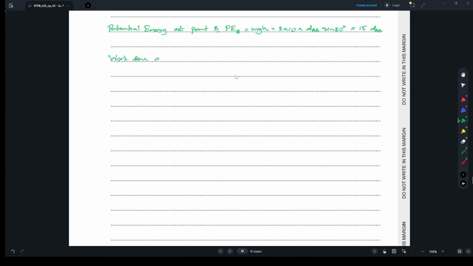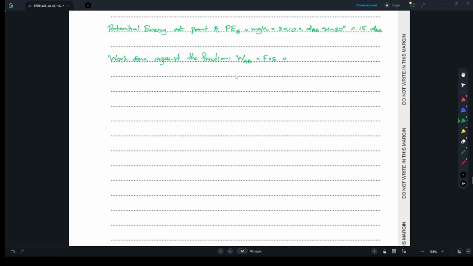Let's say WAB, when we go from A to B. Okay. So work done we calculate by force, right? Force multiplied by, so here's the friction force, friction force multiplied by the distance traveled.